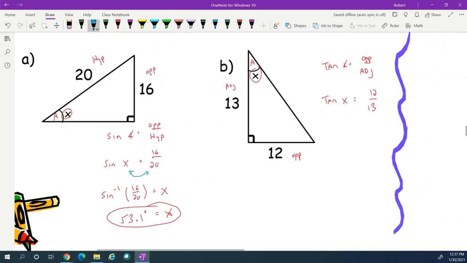We're swapping these. So inverse tangent of 12 over 13. And we're going to let the calculator do that work. And we get 42.7 degrees.